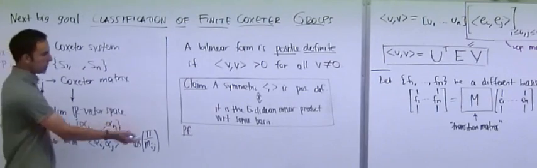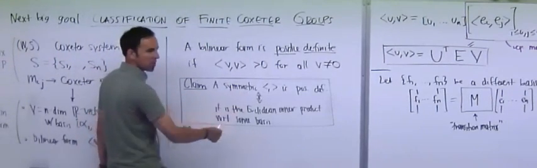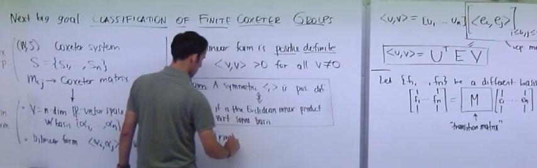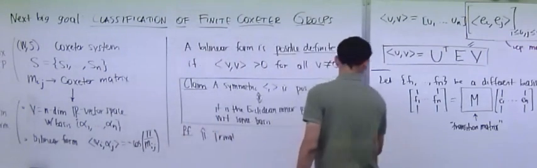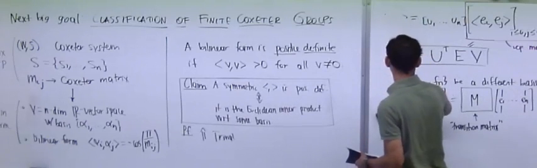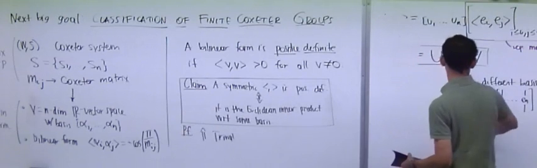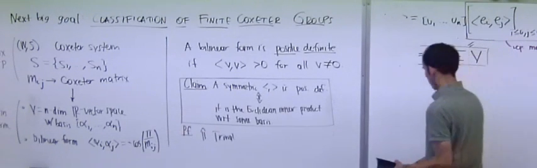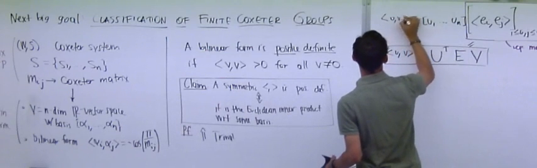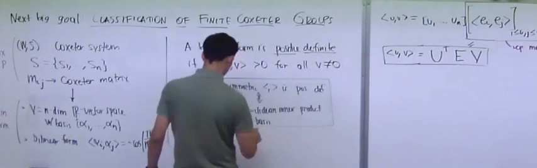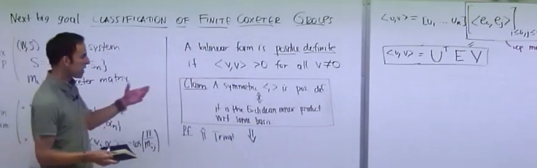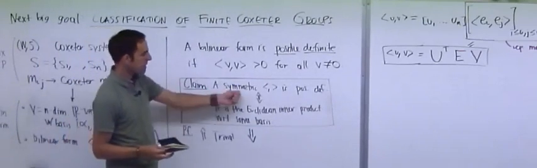So like I said, one direction is trivial. We know that Euclidean inner products are positive definite. But actually the other side is pretty easy also, given what we've done, because basically we have an arbitrary bilinear form which is symmetric.